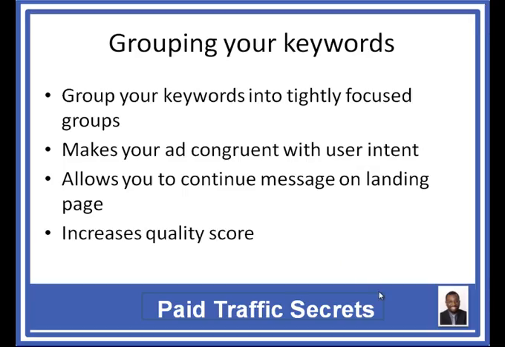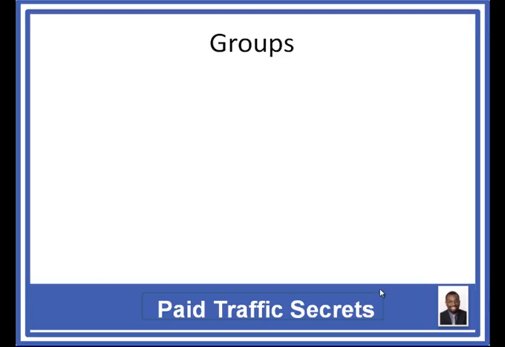That also allows me to increase my quality score because Google sees that the keywords are about ways to learn digital photography, the ad is about ways to learn digital photography, and the landing page is about ways to learn digital photography. And that will also increase my click-through rate because the keyword they typed in is in the ad that they see.